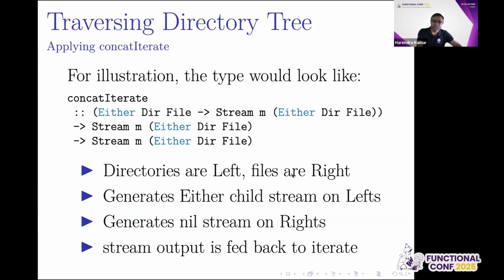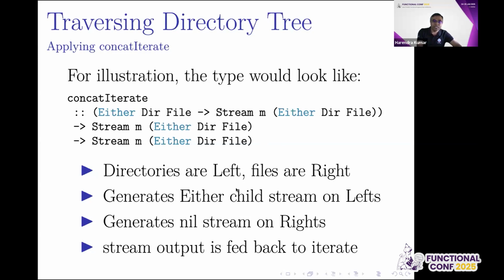So directories are left and files are right in the Either type. And this is the single directory traversal function here, which we will iterate over the stream. The stream that it will generate, it will run again on the same function. So that's the job that concat iterate does.